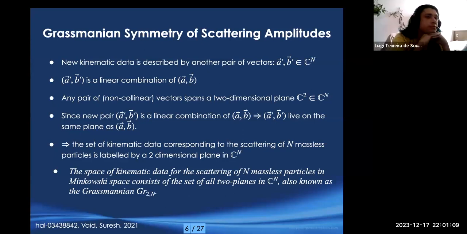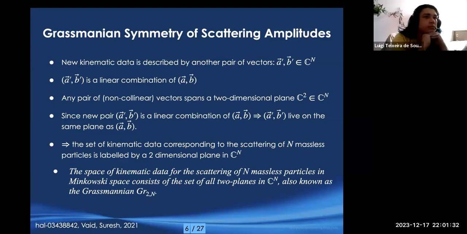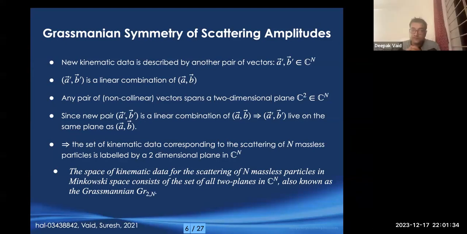So that means that you can perform any Lorentz transformation, and you can look at it from the perspective of any observer. The kinematic data corresponding to a given scattering event will always lie on this one plane in this n-dimensional complex vector space.